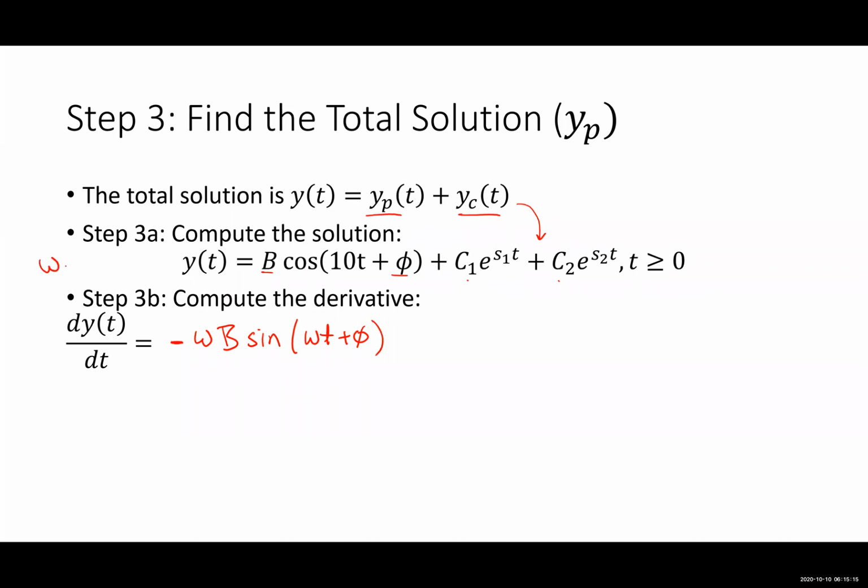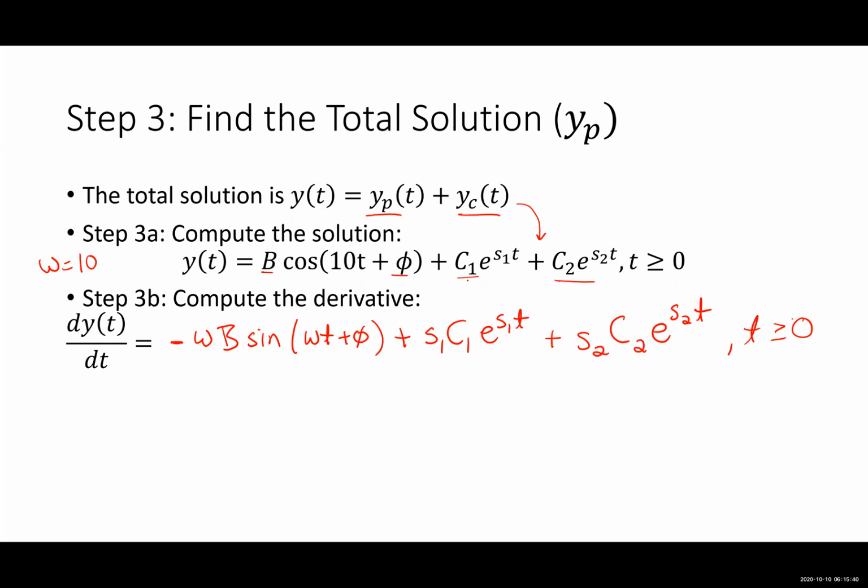And then I got to take the first derivative of C1 e to the S1t and C2 e to the S2t. So that becomes plus S1 C1 e to the S1t plus S2 C2 e to the S2t. And again, that can only be valid for t greater than or equal to 0.